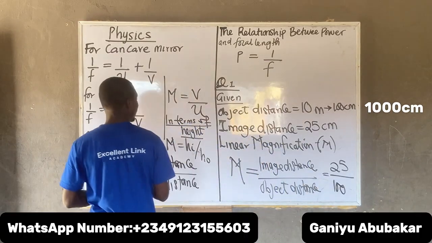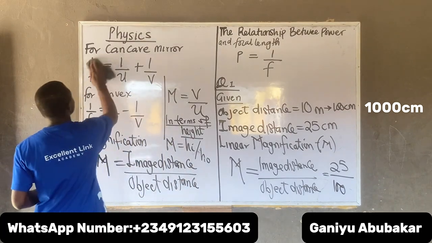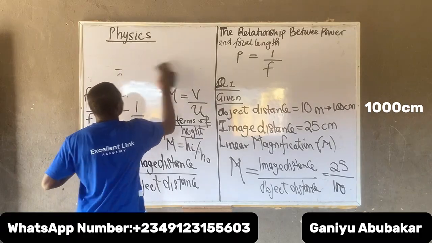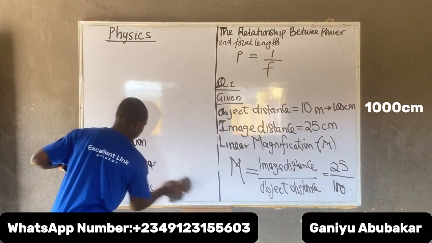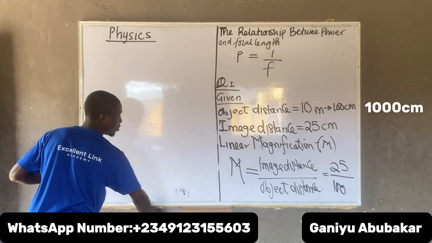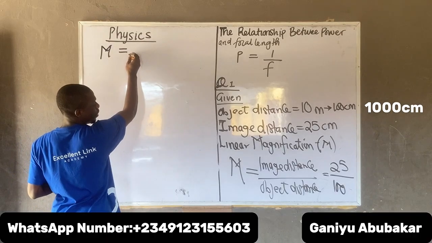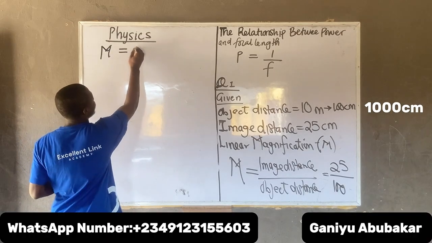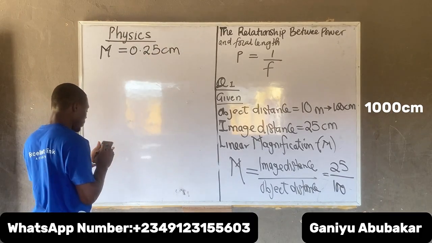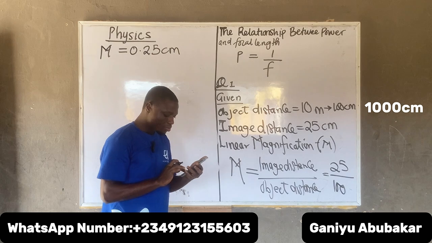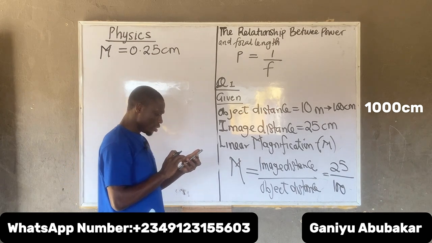So my linear magnification M will be equal to 25 divided by 100, which gives you 0.25. That's how you solve that particular question.